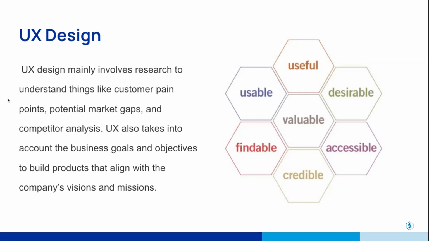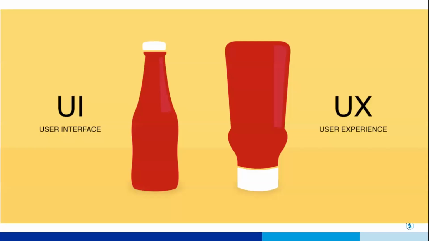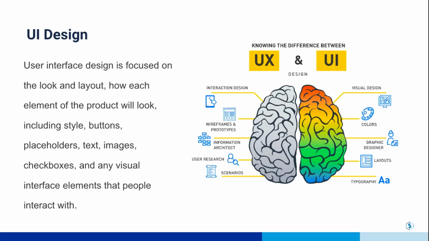Okay. And now we are going to talk about UI design. It is user interface design. This is focused on the look and layout, how each element of the product will look, including style, buttons, placeholders, text, images, checkboxes, any visual interface element that people interact with.